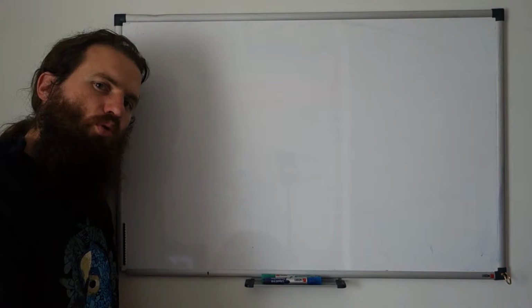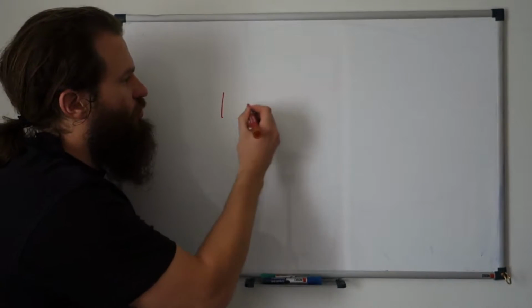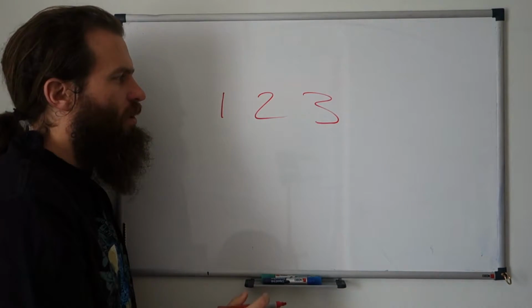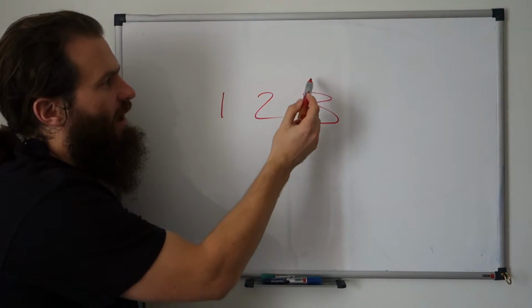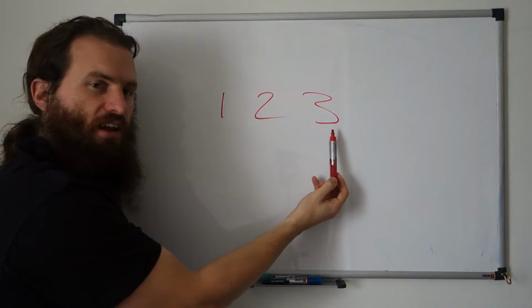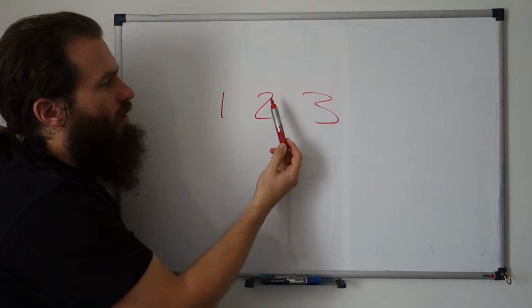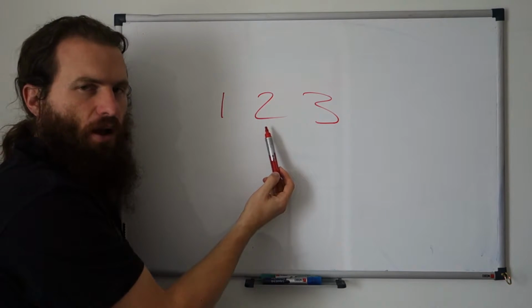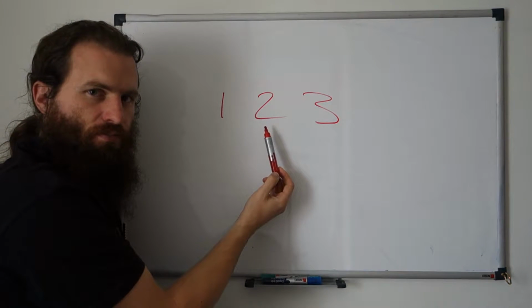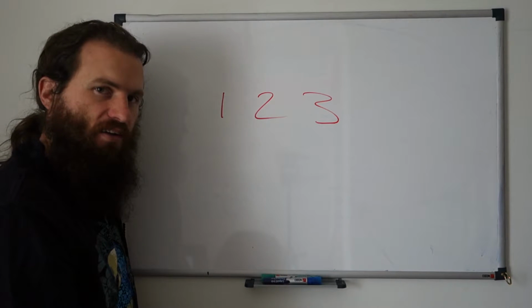If we take a typical number, like 123, what we can observe here is that as we move from right to left, the number is talking about increasing powers of 10, increasing powers of the base.